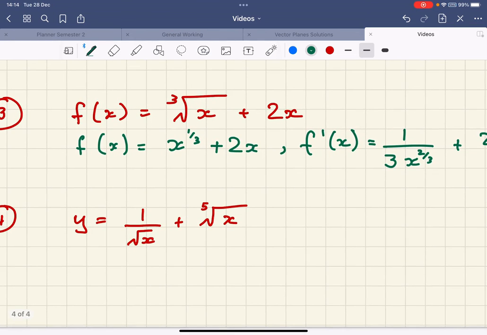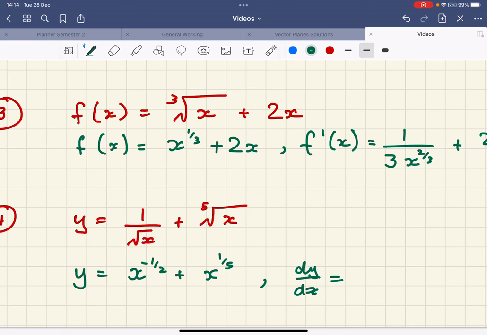And our final one, we can rewrite this as y equals, now that x is on the bottom, becomes x to the power of a half, but this time it's minus a half, plus x to the power of a fifth, and then we do dy by dx.